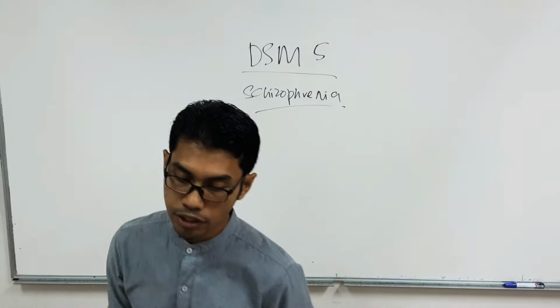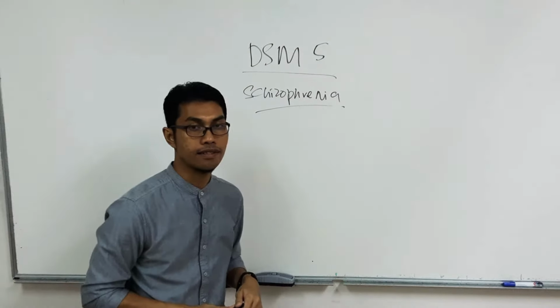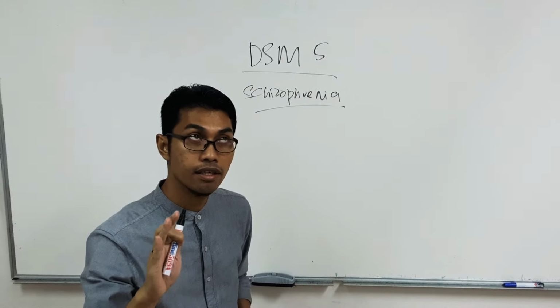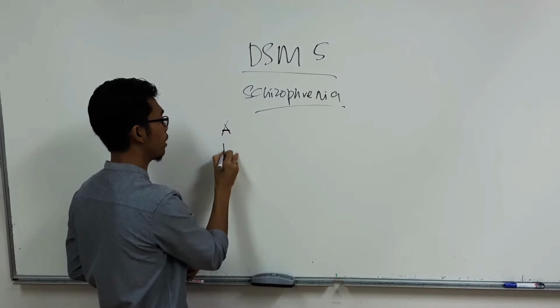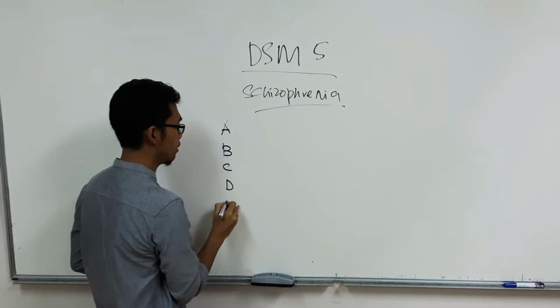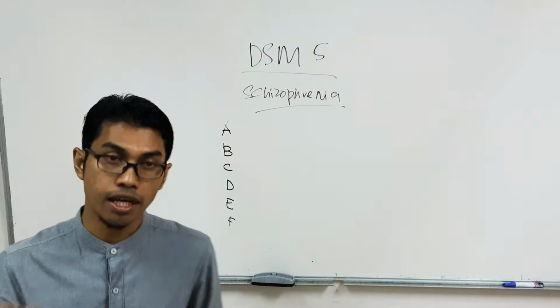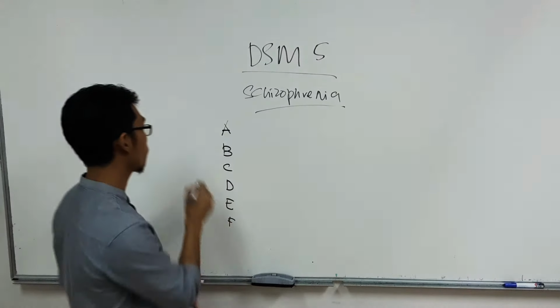Now, if you look at schizophrenia, to diagnose it there are 6 criteria, or features, required. So A, B, C, D, E, and F. Criteria A is symptom based.